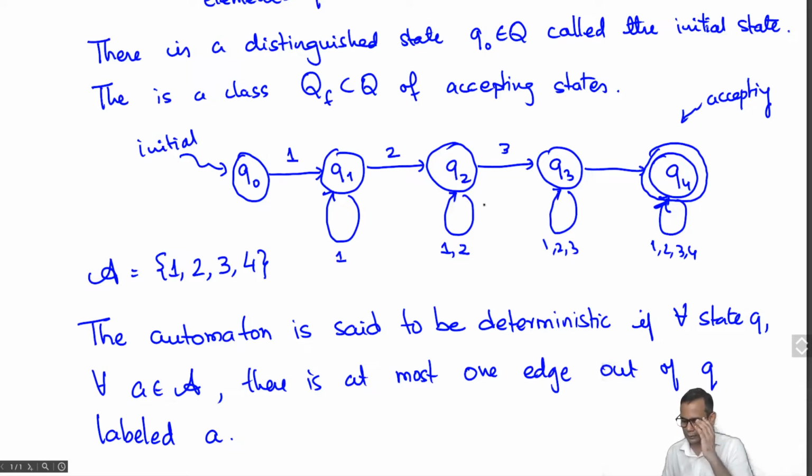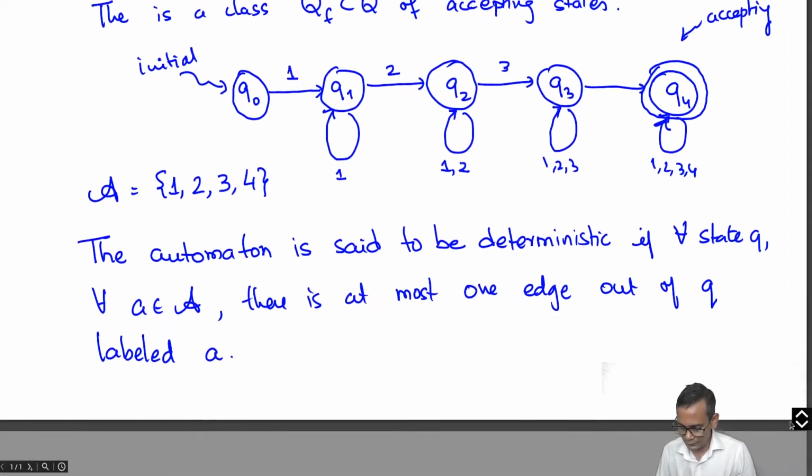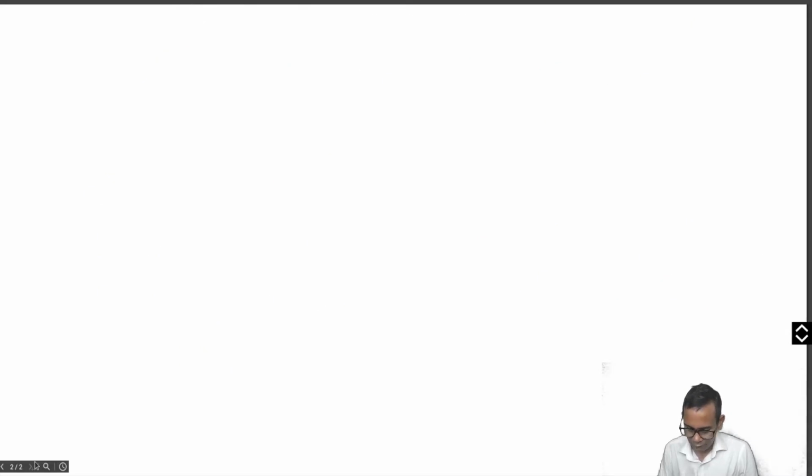Now, the way automata work is that you feed them a word, and then depending on what state it is in, it will move to another state. So let's just give a definition.